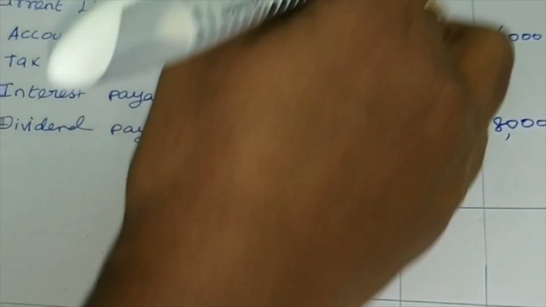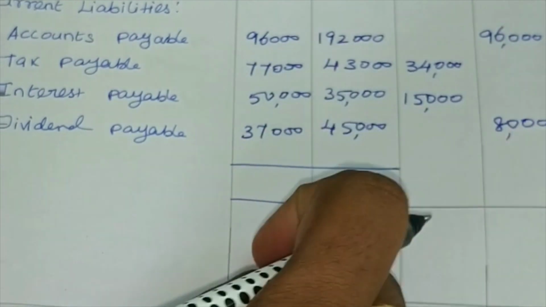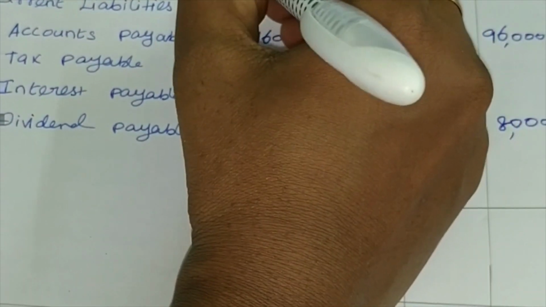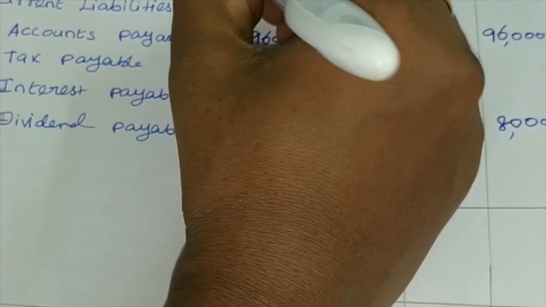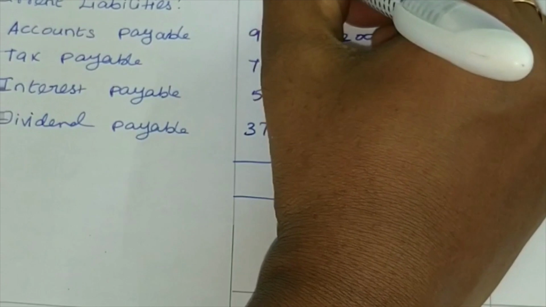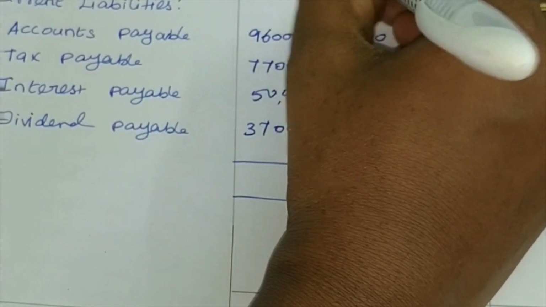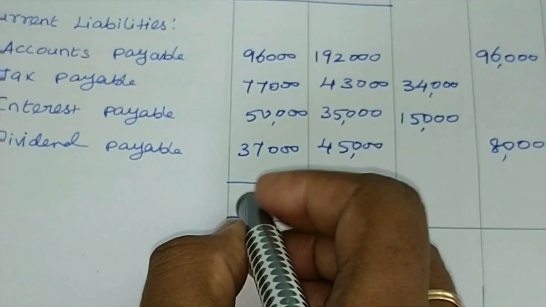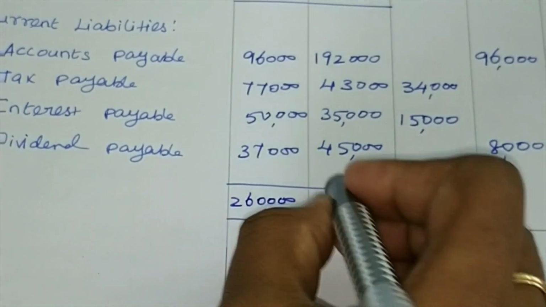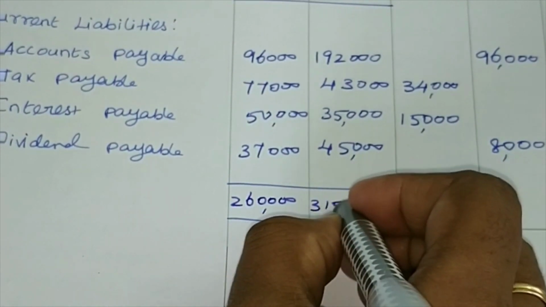Now find the total of current assets and current liabilities. Current assets total for 2015, 3,30,000. For 2016, 4,65,000. For current liabilities, 2,60,000 and 3,15,000.